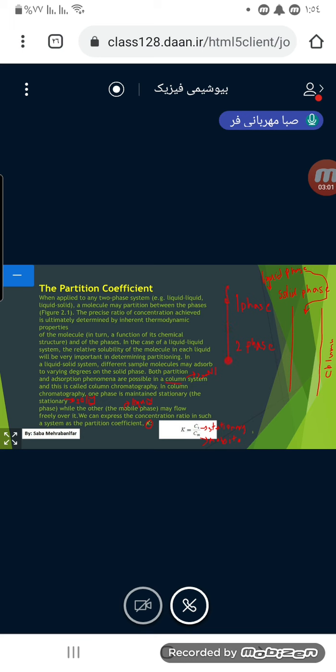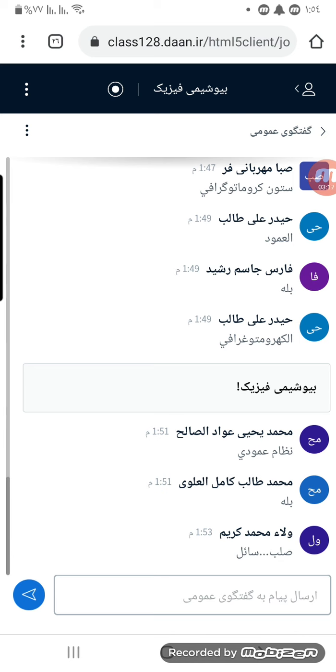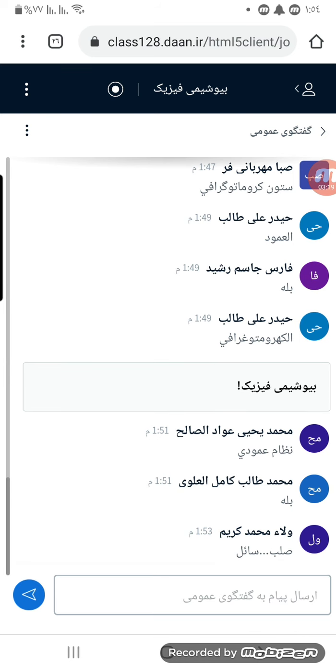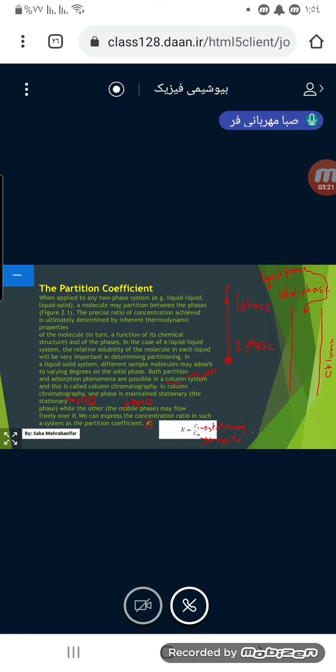Okay. So, as I told you, we have different kinds of chromatography. Chromatography is a system that we can use for separating different parts of a liquid or a mixture. We usually use it for separating different kinds of macromolecules from each other.